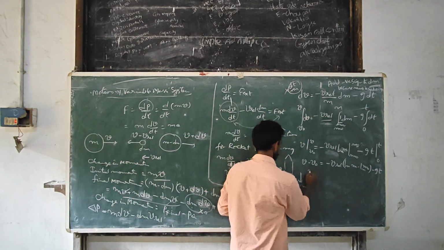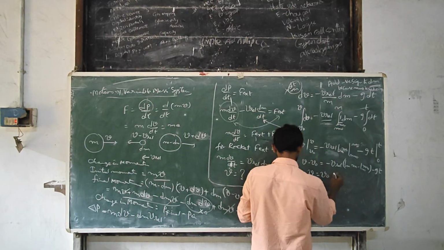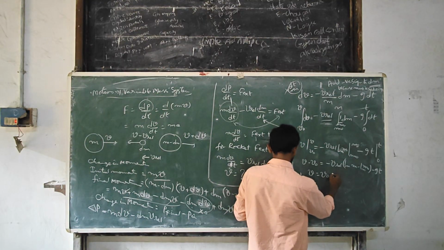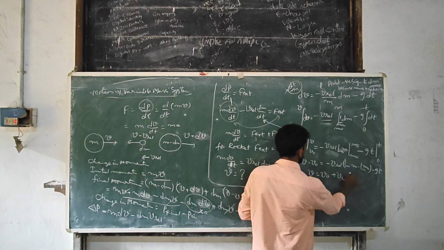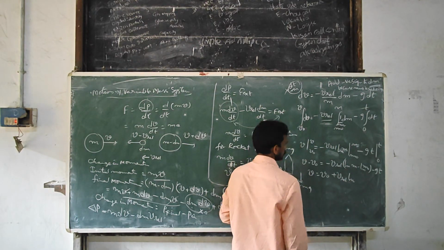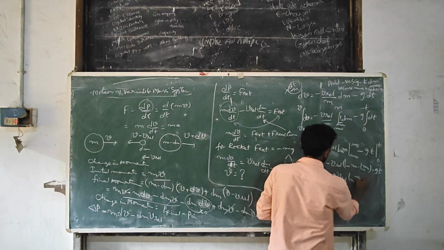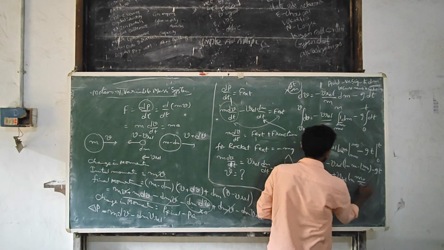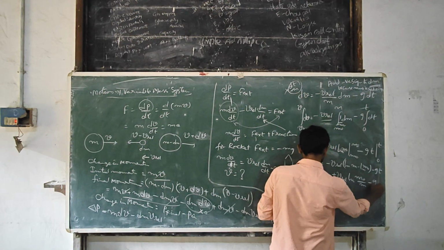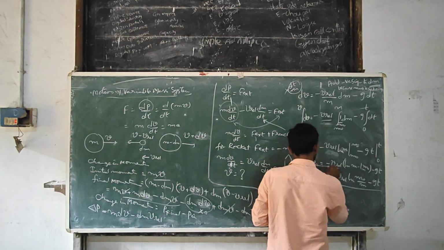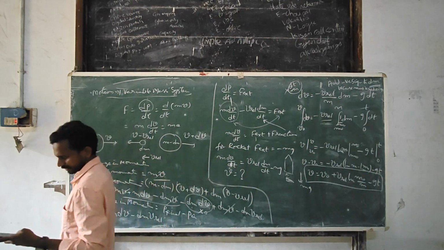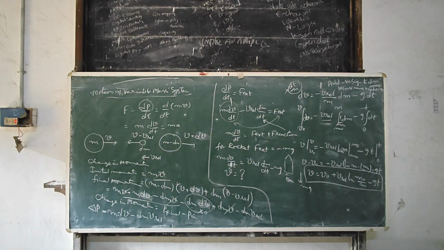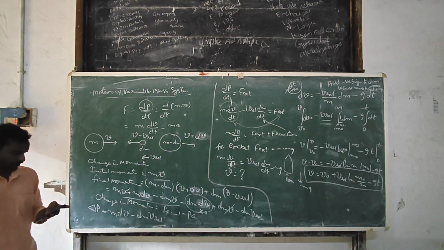Total v is equal to v naught plus v relative, taking a negative sign outside, log m naught by m, minus gt. So that is the final velocity of the rocket.